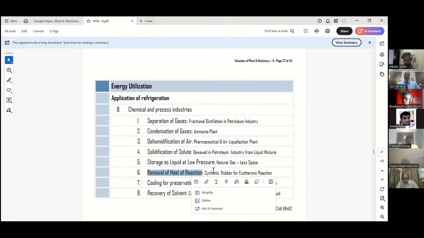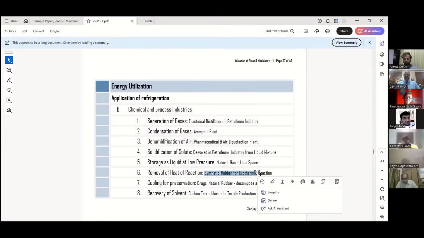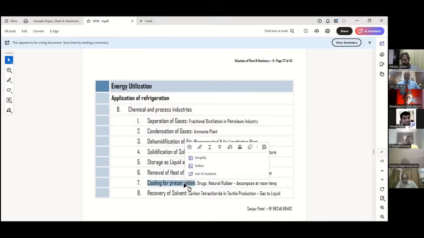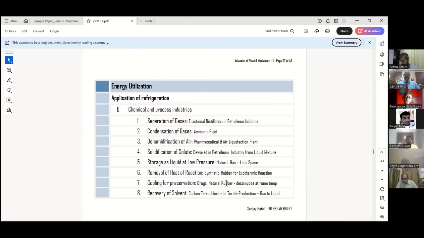So in the tire industry, in the synthetic rubber process, an exothermic reaction generates a lot of heat, and to cool it down we are using refrigeration. Cooling of preservatives and drugs, and storing natural rubber, otherwise it will react with the atmosphere and degrade.